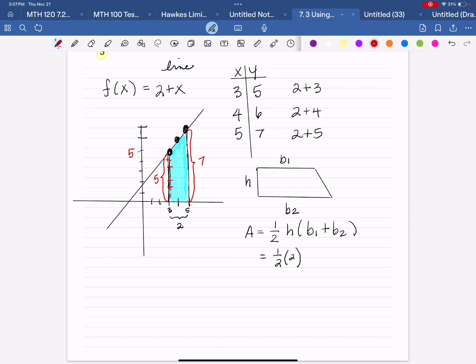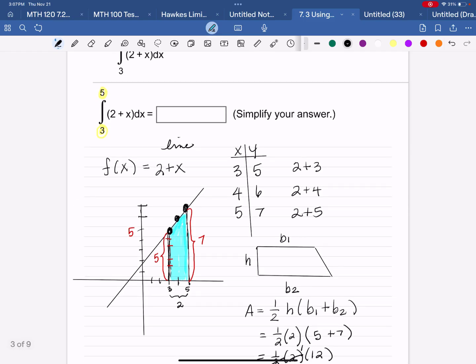So it's 1/2 height, which is 2, times 5 plus 7. So that's 1/2 times 2 times 12. And then 1/2 of 2 is just 1, and 1 times 12 is 12. So the area of that shape is 12. So this integral has a value of 12.